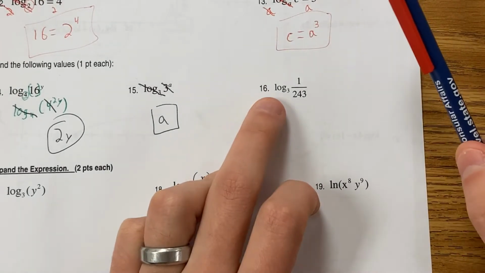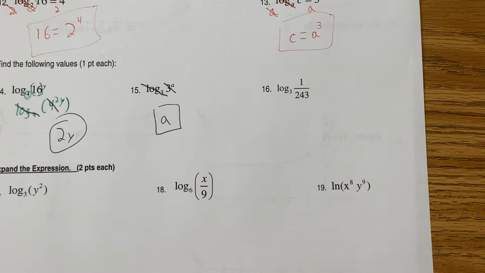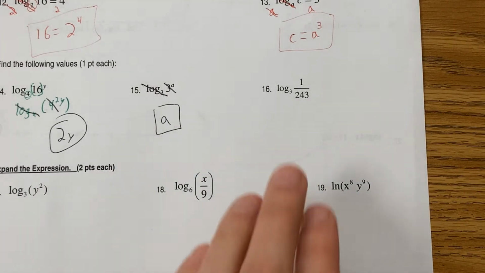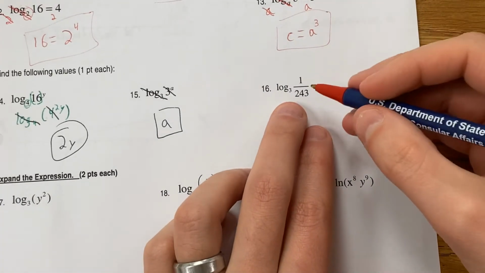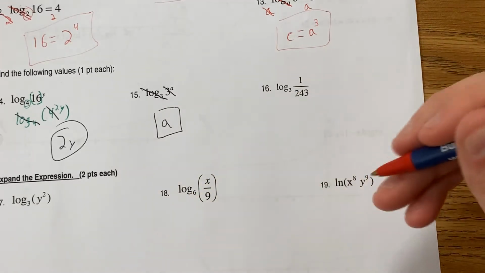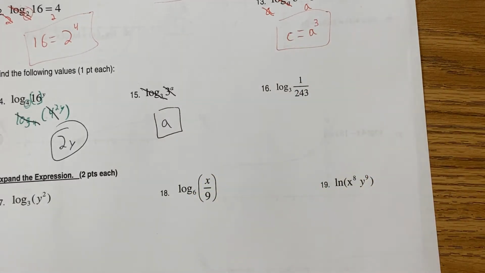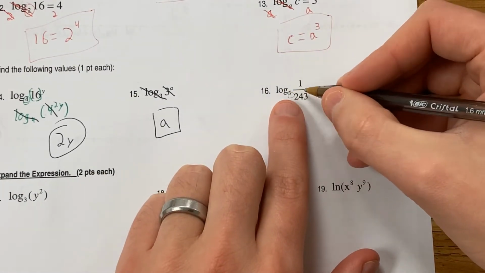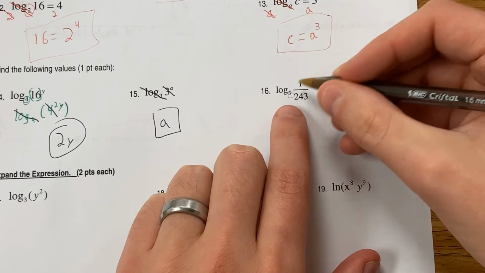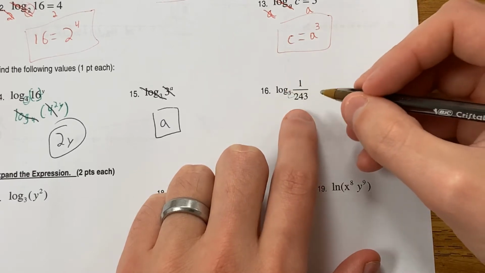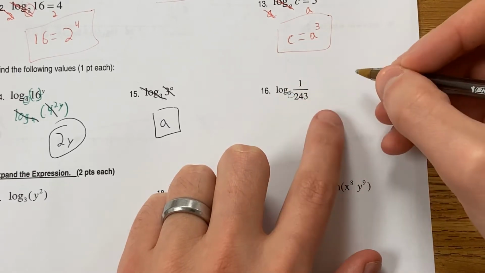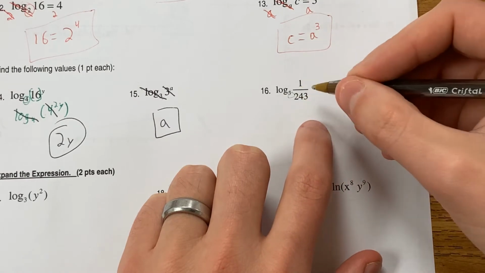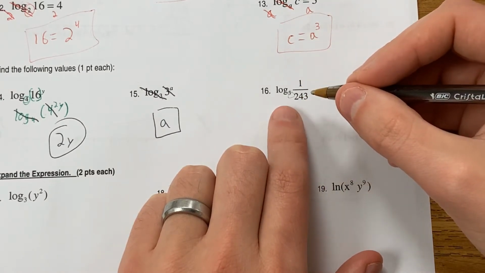Okay, 16, moving on. At the start of this problem, it's good to just think about what type of number your answer is going to be. That way you can get that out of the way. For instance, the base here is a 3, so you will need to change this into a 3. So it's useful to remember what type of exponents make things fractions. Give you a second to think.